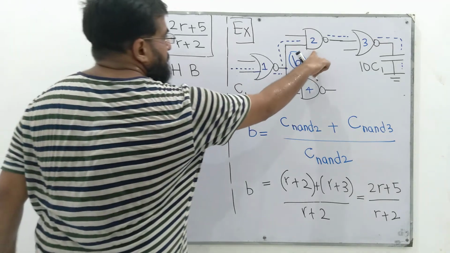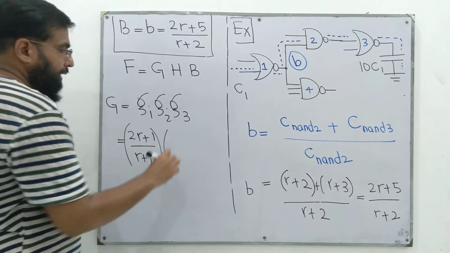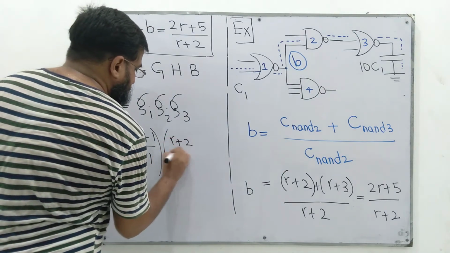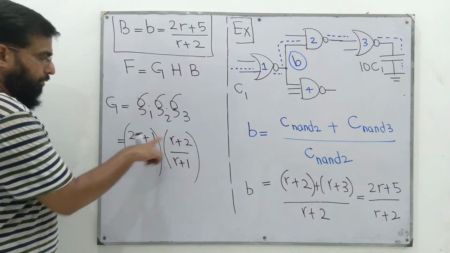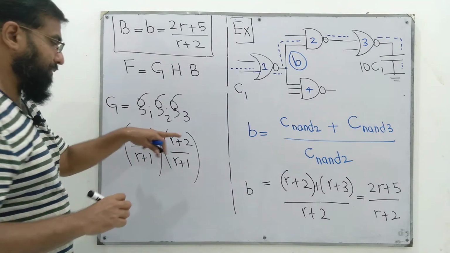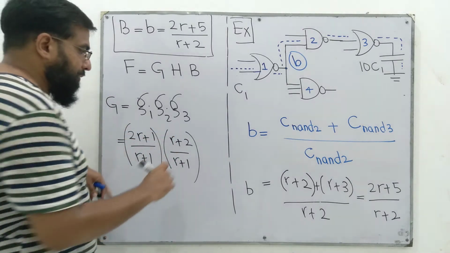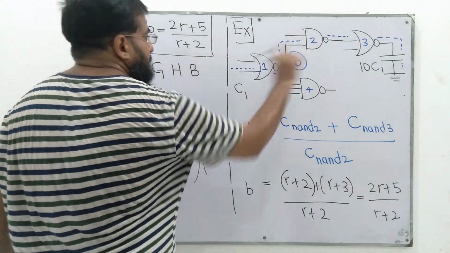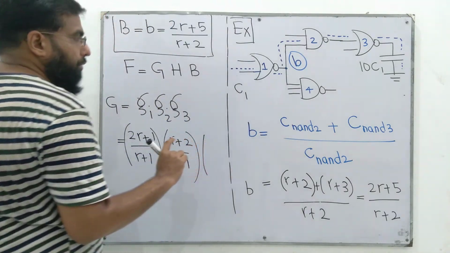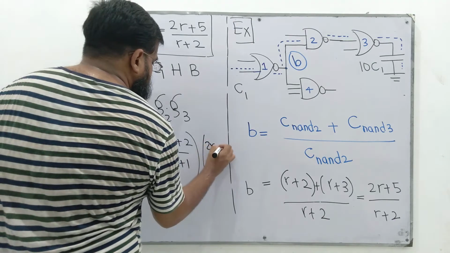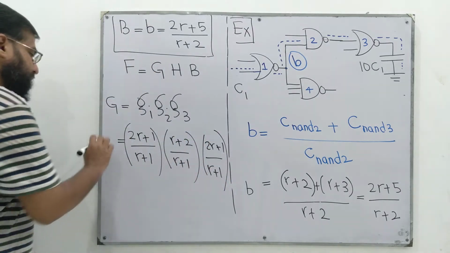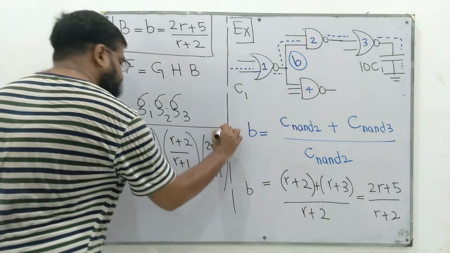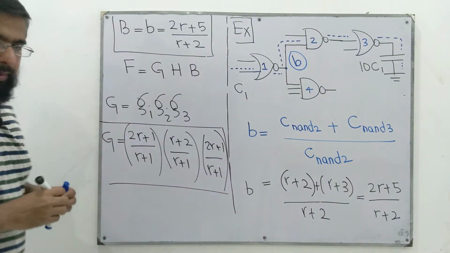G2, of gate number 2, a NAND 2, is R plus 2 over R plus 1. All these expressions we proved in our earlier lectures. And G3 is again a NOR 2, which is 2R plus 1 over R plus 1. So this is how we compute G for this path.